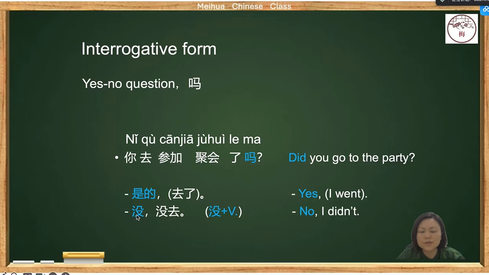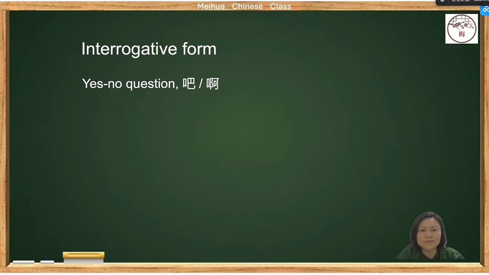We use another character, 没, plus a verb. It's the same function, but 没 is only used for things that already happened. For things that haven't happened, that is about the future, we use the character 不. So this is the difference.